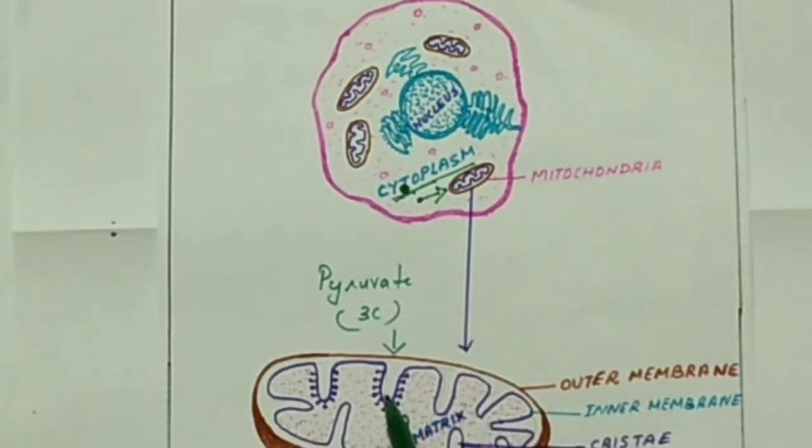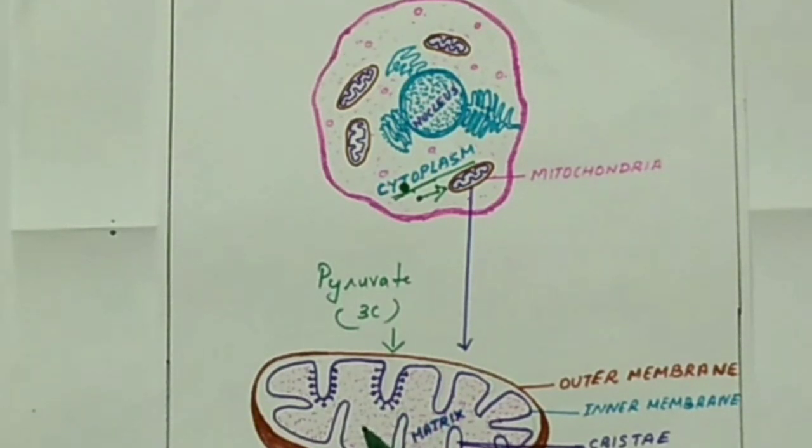After that, the pyruvate undergoes certain chemical reactions and is broken down into simpler compounds, and at that time more energy is released, and this energy is stored in the mitochondria itself in the form of ATP molecules.